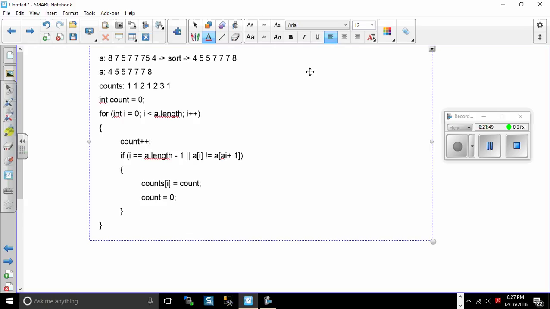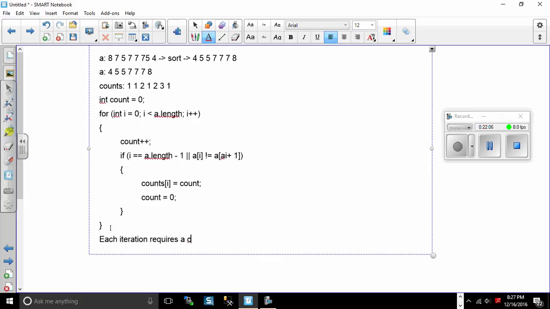So the observation here is that each iteration requires a constant amount of work. In other words, there's no looping going on in the iteration.